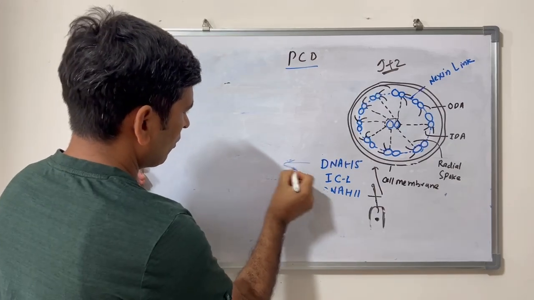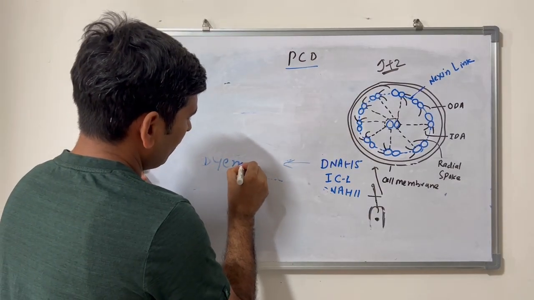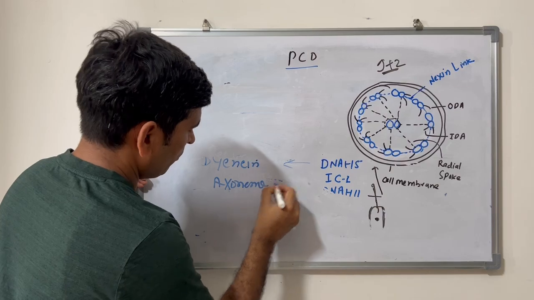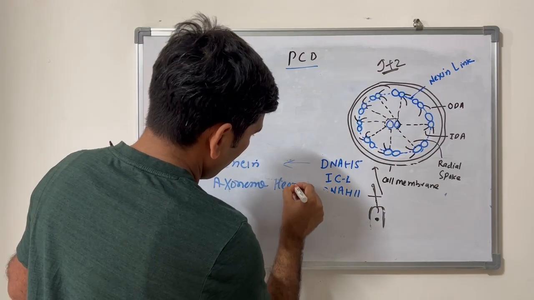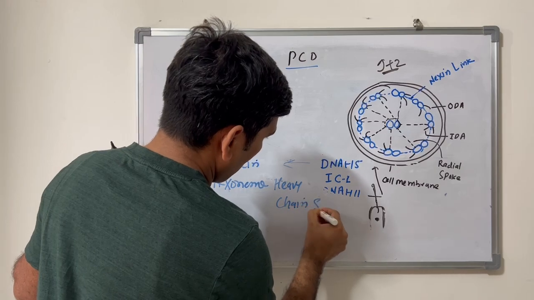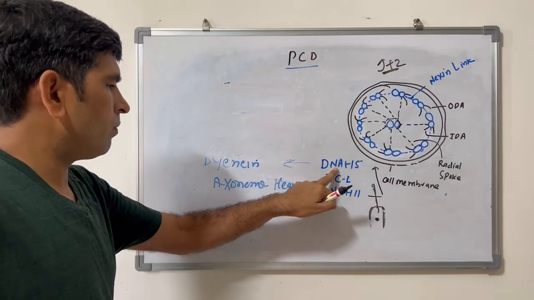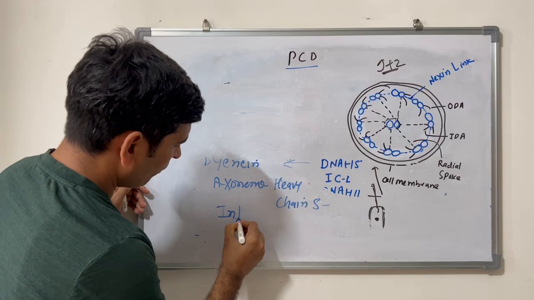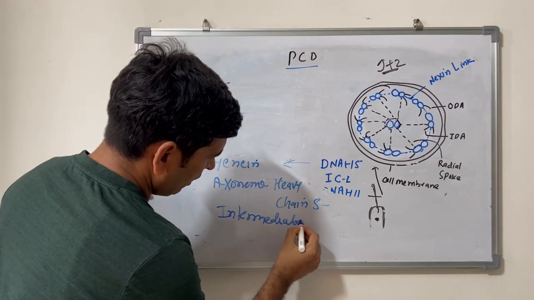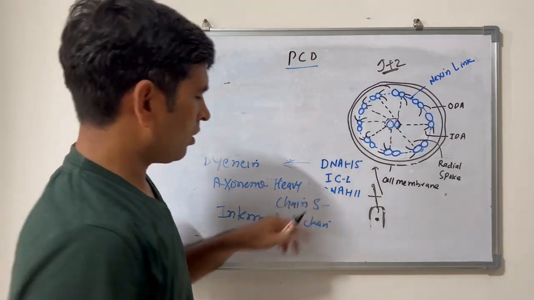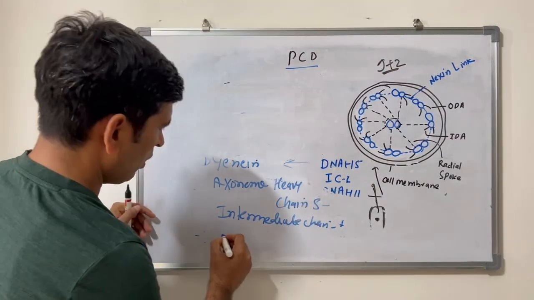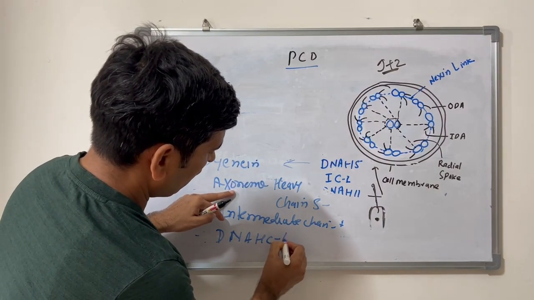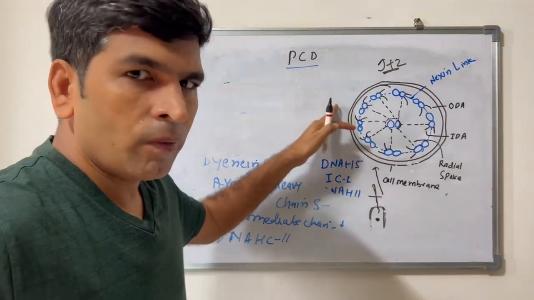It may be because of a dynein axonemal heavy chain 5 defect, or an intermediate chain 1 defect, or a dynein axonemal heavy chain 11 defect. So these three defects may lead to this abnormality.